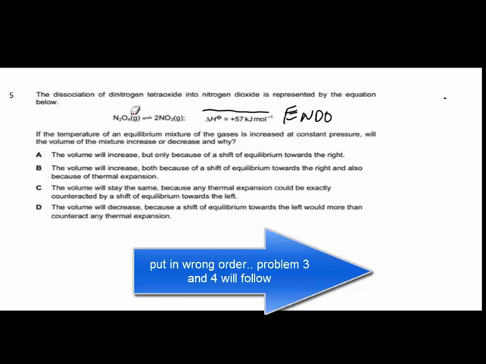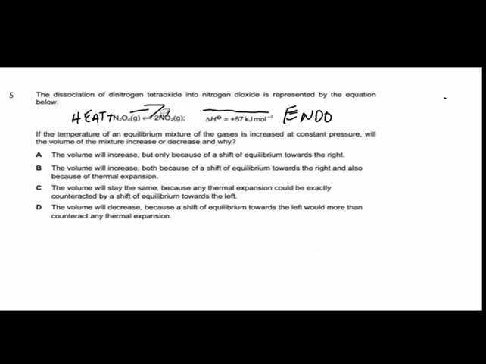Technically, you can think of heat as being there on the reactant side, even though it's not written. If I increase the temperature, it's going to push the direction towards the right, because we're adding more reactant, so to speak, pushing the direction toward the formation of the products. So it has to go right.